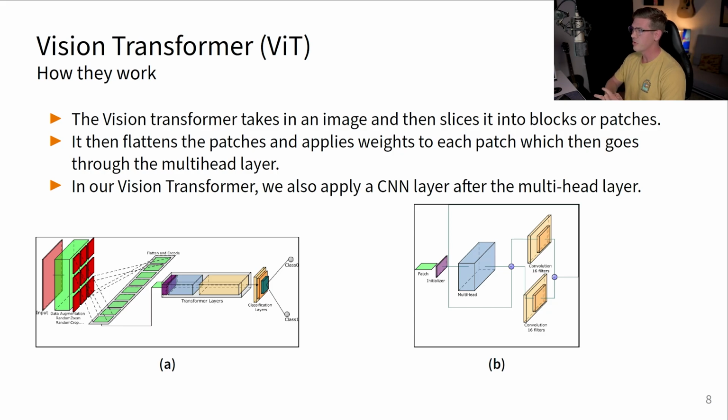The patch goes through an initializer and then into the multi-head, and that multi-head takes the patch and twists it and looks at it through all different angles, and then assigns weights to that patch, which is what the machine learning algorithm will look at for its correlation for a dust storm or not a dust storm. After that, it puts the patches back together. And then what makes our vision transformer unique is we take and pass that through a convolutional filter after.